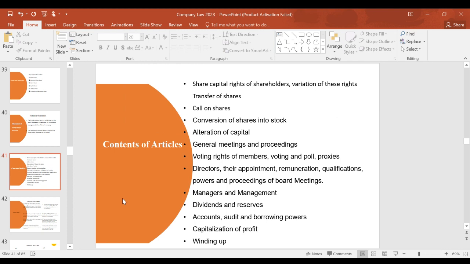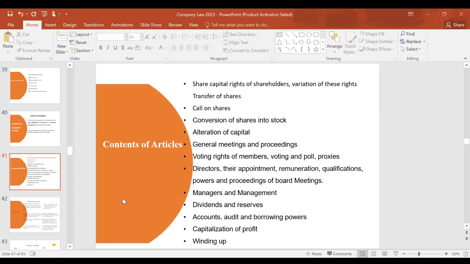The articles of association should also include the transfer of shares. How can the shares be transferred between the shareholders? And also how the shares can be called up, the alteration of the capital. Remember, the capital of a particular company must be well prescribed, and any alteration on that particular capital must be amended within the confines of the law and is strictly monitored.